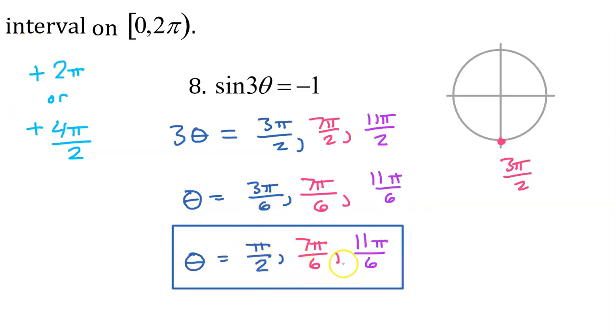These are the solutions to the original equation between 0 and 2 pi. Notice that 2 pi is the same thing as 12 pi over 6, so all of these values are less than 2 pi.